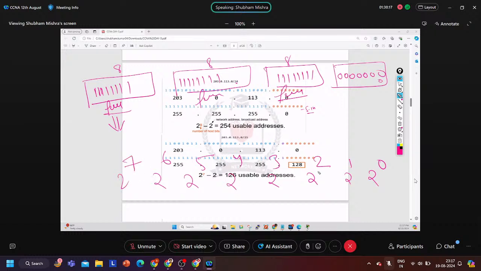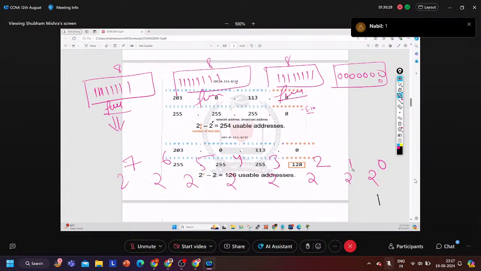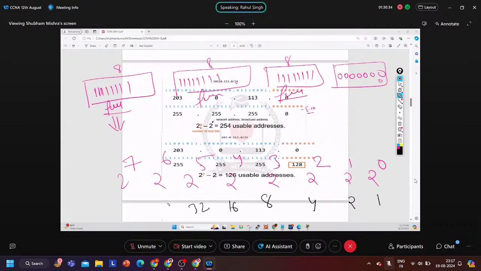These are the 8 bits. 2 to the power 0 is 1. 2 to the power 1 is 2, then 4, 8, 16, 32, 64, then 128.